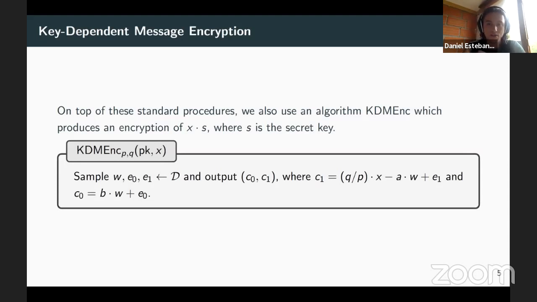I won't go back, but the two are very related, except that this time you are adding Q divided by P times X to C1 and not to C0. Because if you remember, the way that we decrypt is by taking a linear combination where we multiply S to C1. When we decrypt this thing, you're going to multiply S to X, and that's why you get an encryption of S times X. A very important property that we're going to use in a moment.